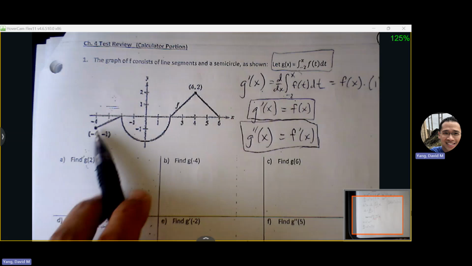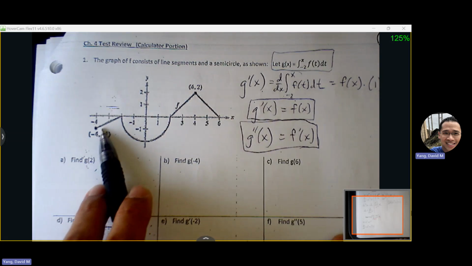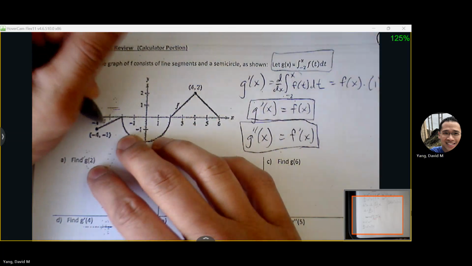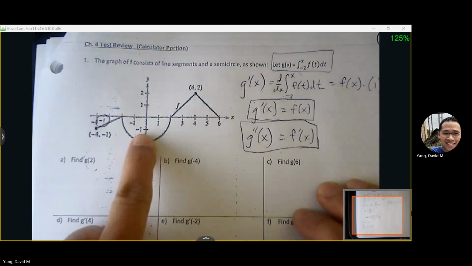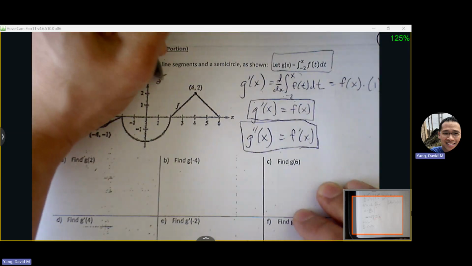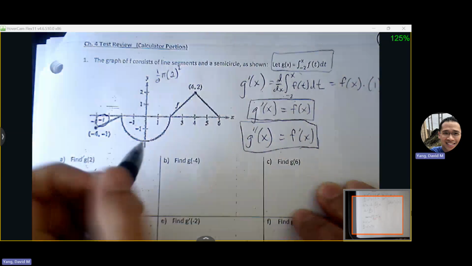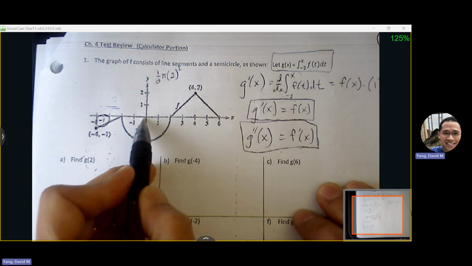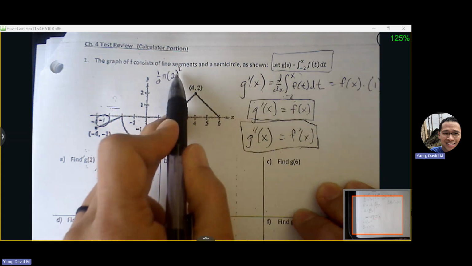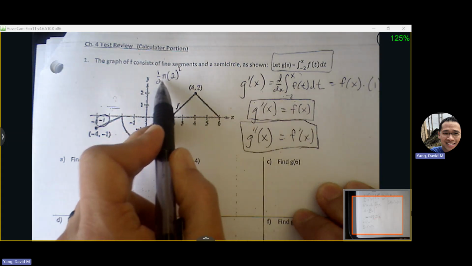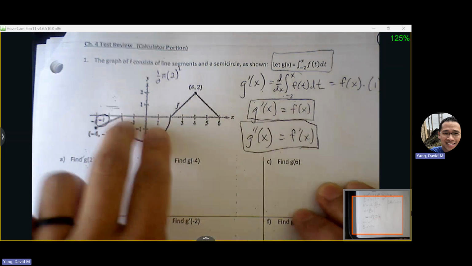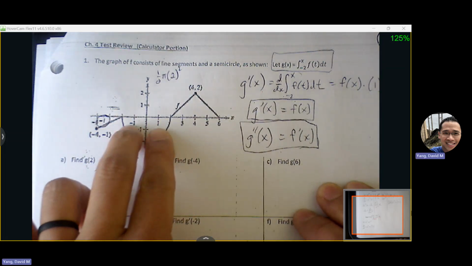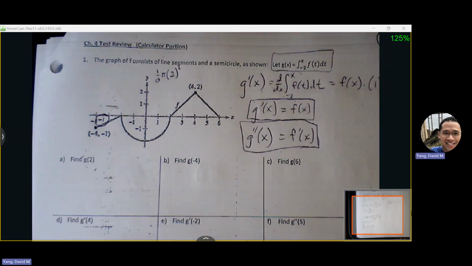So 1/2 base times height, 1/2 times 2 times -1 is -1. This is 1/2 pi r squared. My radius of my semicircle is 2. 2 squared is 4. 4 over 2 is 2 pi. But I want to split 2 pi just into these quarter circles there. So negative pi and negative pi.